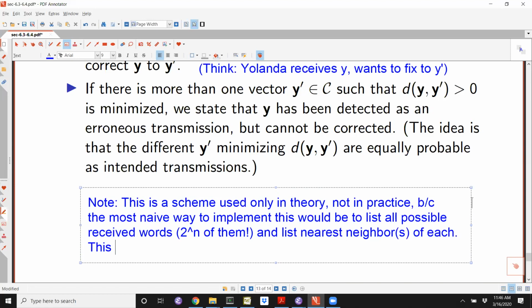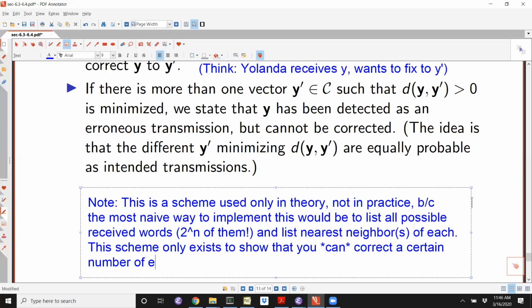So this scheme only exists to show that you can correct a certain number of errors, not as a practical way to do so.